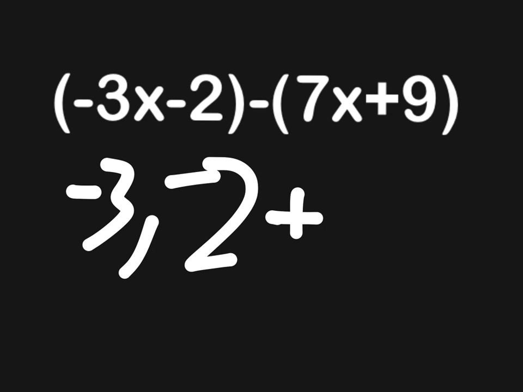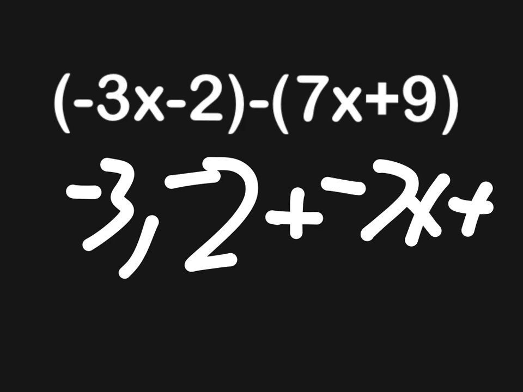Plus, and because there's a minus there, we have to make this into addition, which makes this one into a negative and this one into a negative. So it'd be -7x plus -9. You cannot see that, but it's -9.